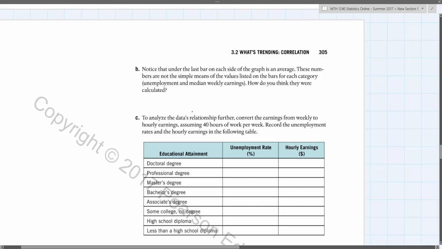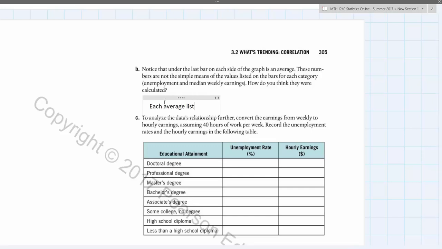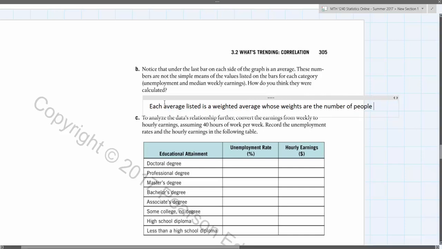Right, we looked at weighted averages, I think it was last week or 2 weeks ago, right? So for part B, we would just say that each average listed is a weighted average whose weights are the number of people in each category, right?